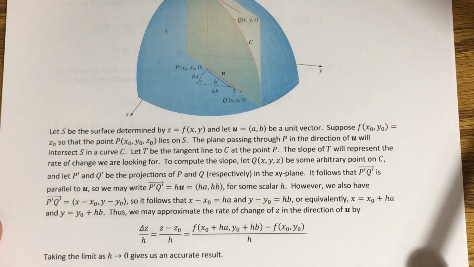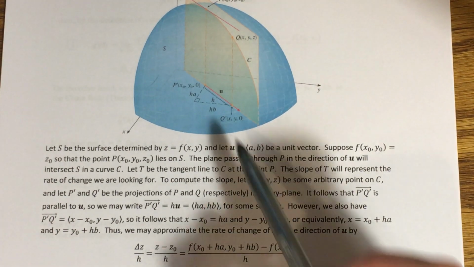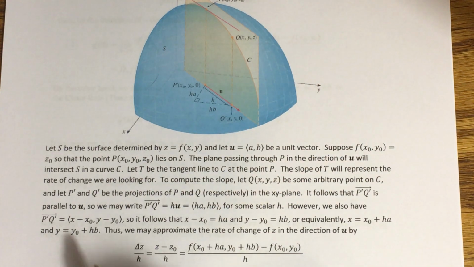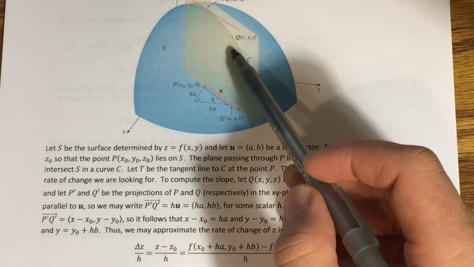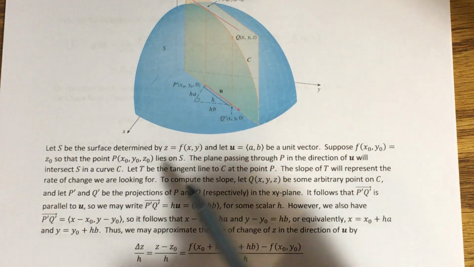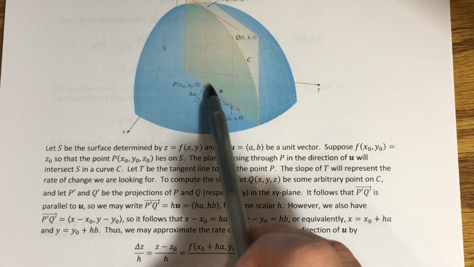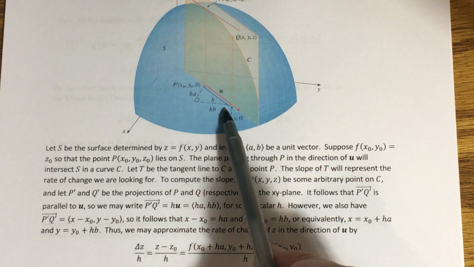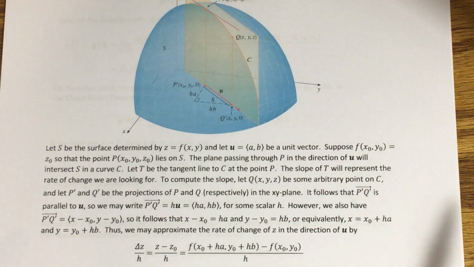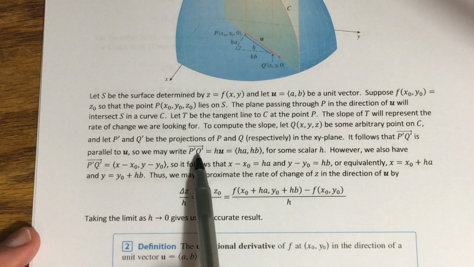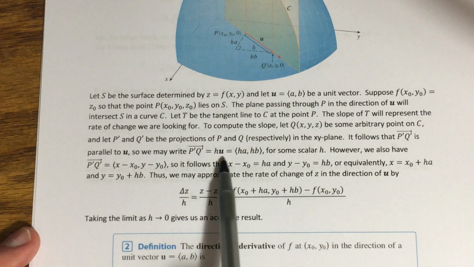That's straightforward. But in addition to that, because we have this vector u that's determining the direction of that plane, and because these points both lie in that plane and were projected downward the way they were, the vector P prime, Q prime is parallel to the vector u that we're using as our direction. That means the vector P prime, Q prime is a scalar multiple of that unit vector u.